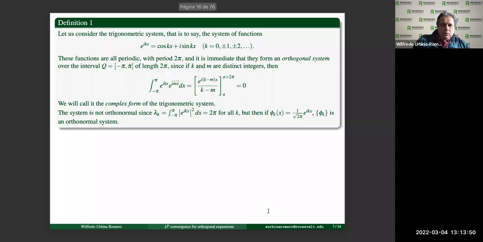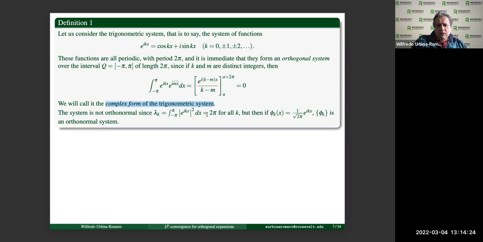So let's go to more technical stuff. If we consider the complex approach, which is considering the trigonometric system using the Euler formula, that is easy to check. That is an orthogonal system, and this is called the complex form for the trigonometric system.